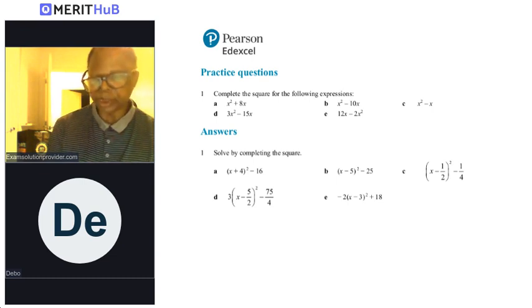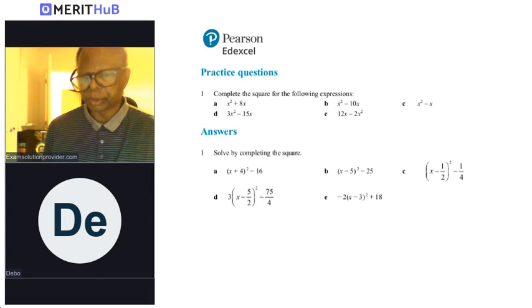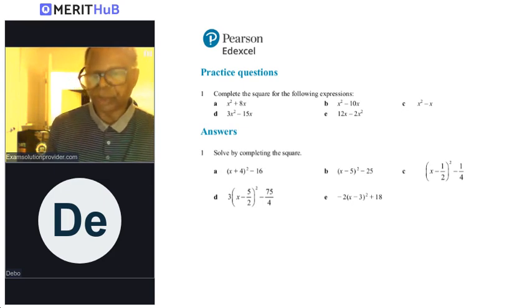Let's look at it. What you need to do first is set this equal to 0, because otherwise you can't solve it. So you're going to have -2 times (x minus 3) squared equals -18.